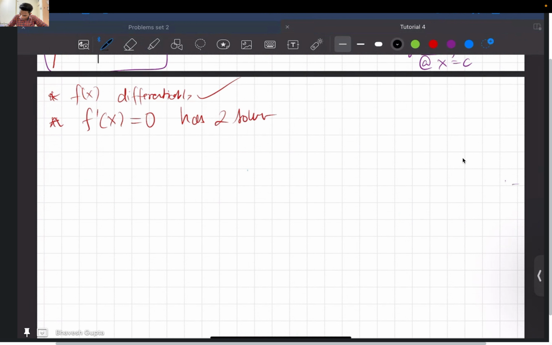That means if I try to make a plot, I first have to mark down my maximum value, right? Let's say my maximum value is 1 at x equal to c1, and let's say x equal to c2. These are my two solutions, two critical points, and we know that we cannot have two local maxima nearby. We cannot have successive local minima and successive local maxima, right? So there might be cases such that you have a maxima here, a minima here, and you have this kind of points.